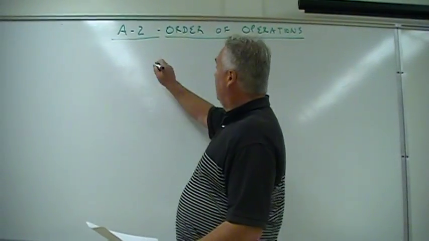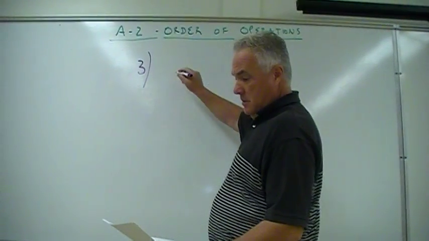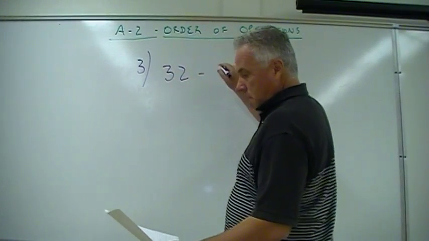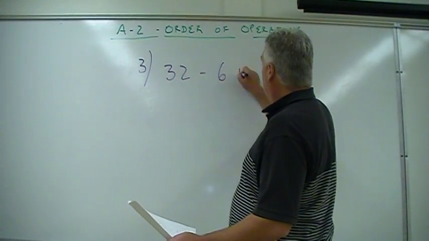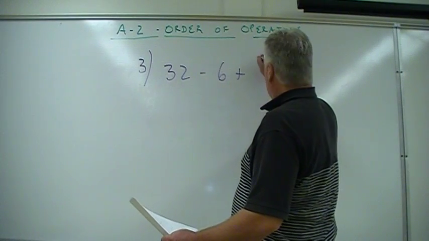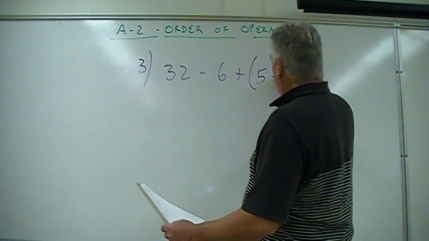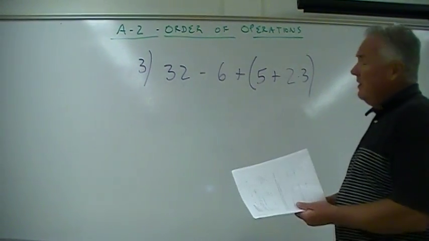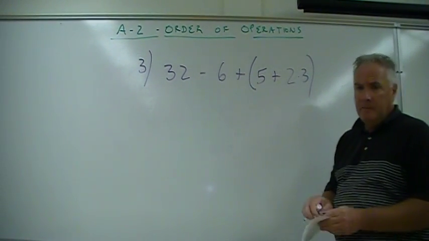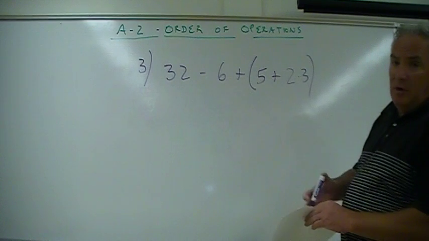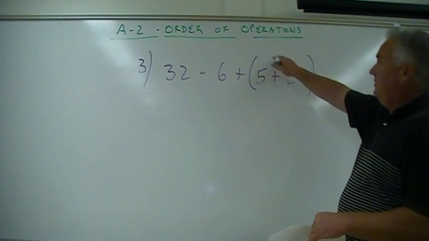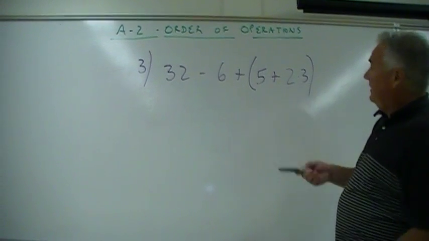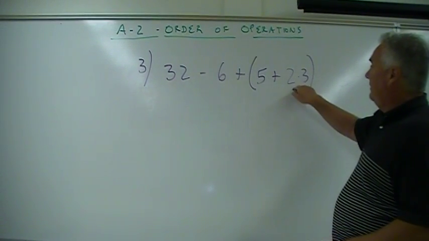And lastly, let's do number 3. Okay, this one has some parentheses. So we have to go into parentheses first and do this little world first. And then once we're in parentheses, we have addition and times.